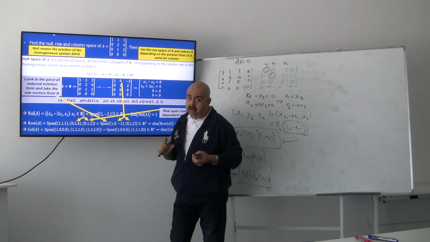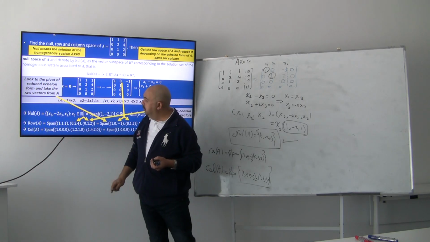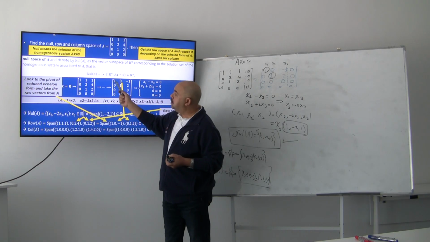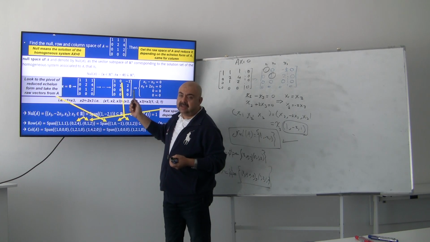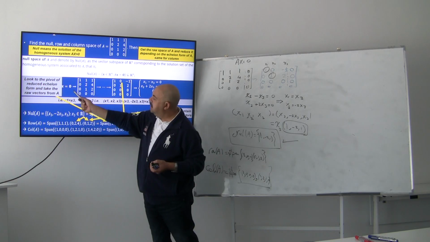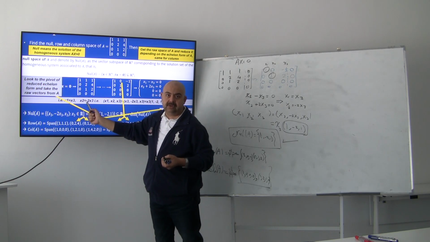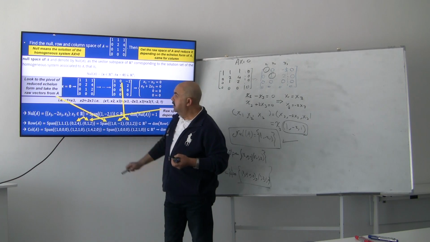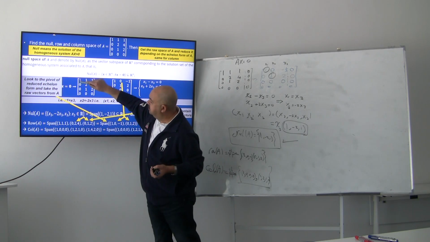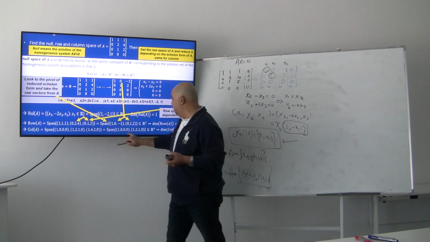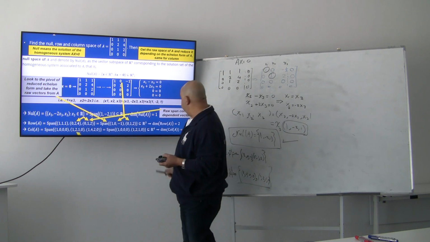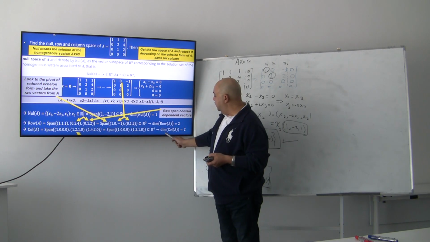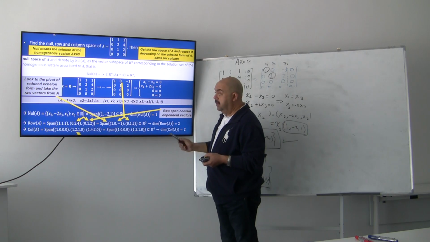But for the column space, I will take the pivots, which indicate the vectors in the main matrix that are considered the basis for the column span. So I will take the first column and the second column. Okay, perfect. This is the row dimension, 2, and this is the dimension of the column space.